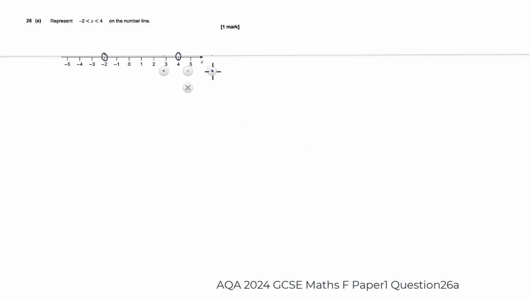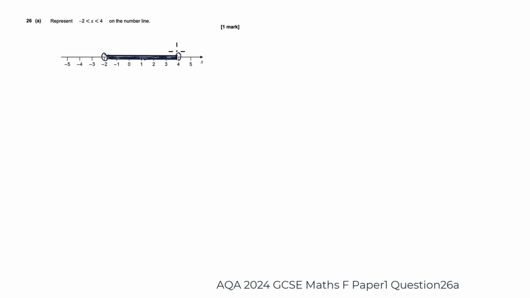So we draw a straight line right between these two, and you make sure that that line is thick enough to be seen. There we go. Let me just fill that in a bit. So there we have, very obviously, all the numbers between -2 and 4 filled in.